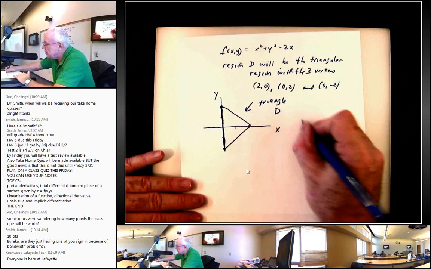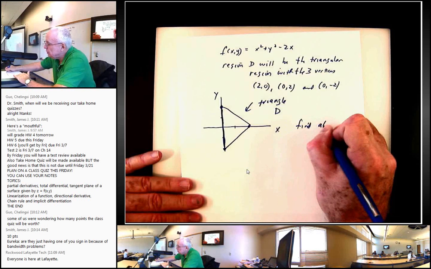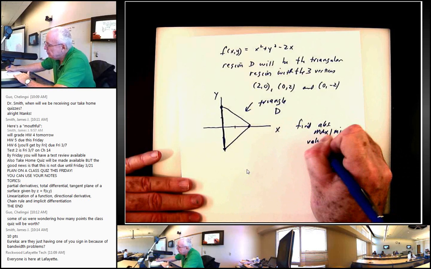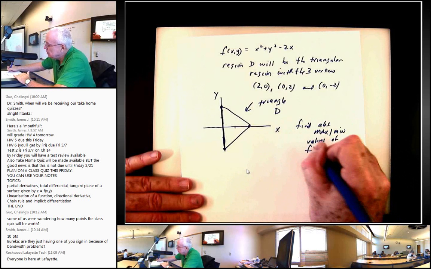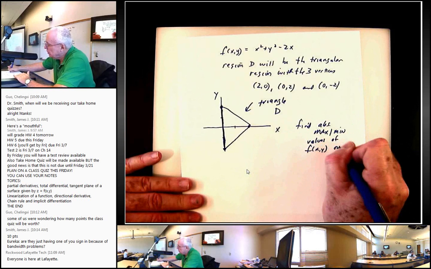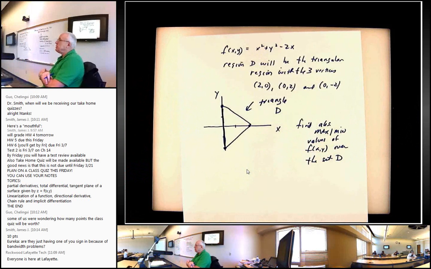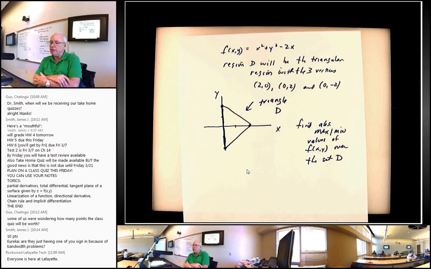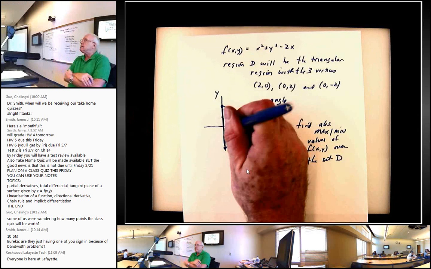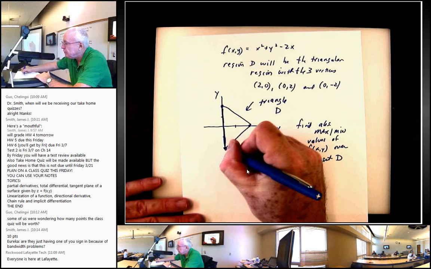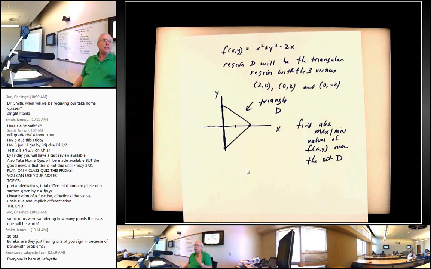We're going to try to find the absolute max and min values of our function over this set D. And it will have a biggest and a smallest value. So we're going to look at critical points, and there's going to be one single critical point right on the inside of the triangle. We're then going to have to look along each of these 3 lines on the border.